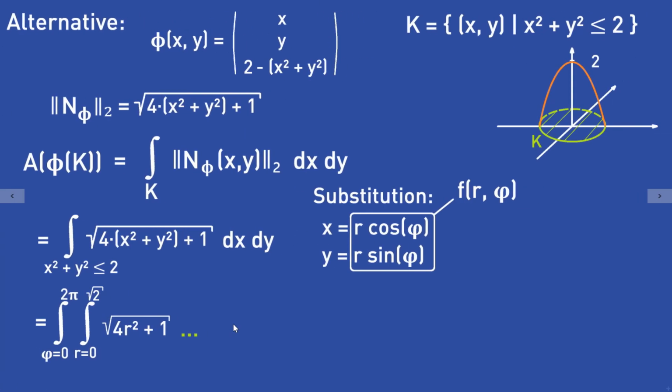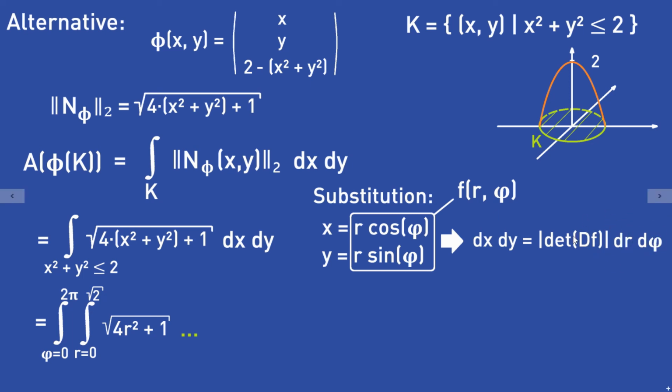So when you write this here as a function f of r phi, then the substitution or transformation rule tells you that dx dy is equal to the absolute value of the determinant of the derivative of this function f here times dr d phi.